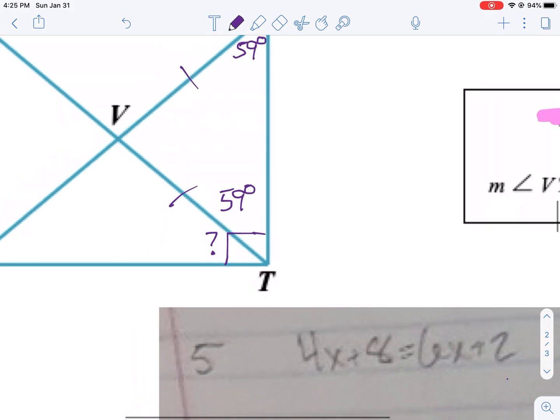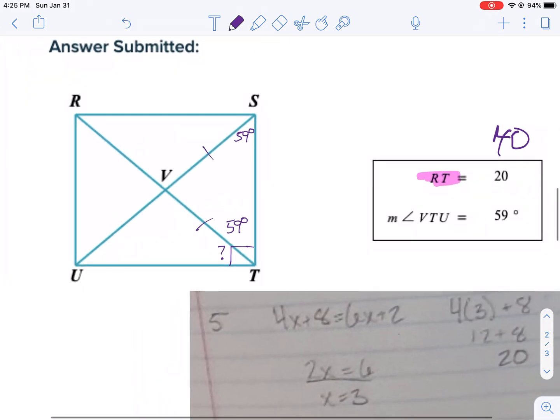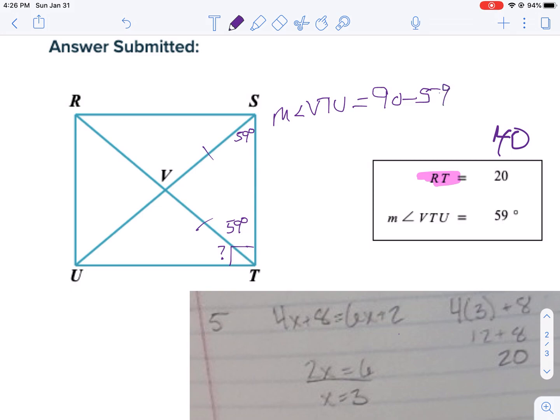So really what's going on here, the measure of angle VTU should be 90 minus 59. So that should be what, 61 degrees then? No, 31 degrees. Wow. Mental math almost failed me. Yeah, 31 degrees. And that's your answer.